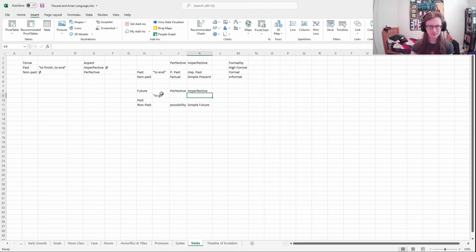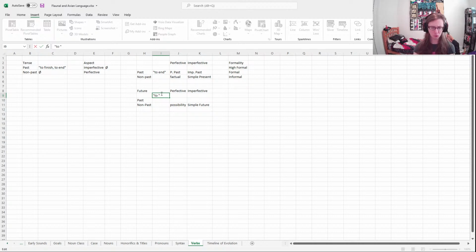I don't really want to use to go though. Okay, so what else would make sense for a future? To go is so common though. What are other common verbs? To go, to be. I don't want to use to be. Actually, I want to try and avoid some form of to be to the extent that I can.